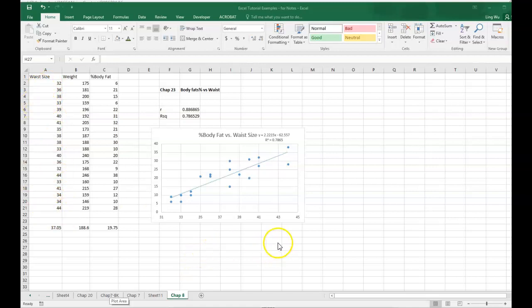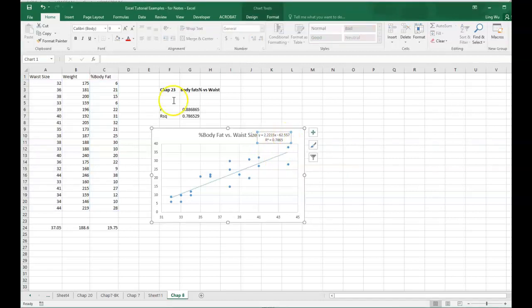Same as before, we select the X values and Y values, and then do the scatter plots. And then remember to show the trend line with the equation and R squared. So we have the linear regression equation and the R squared value.